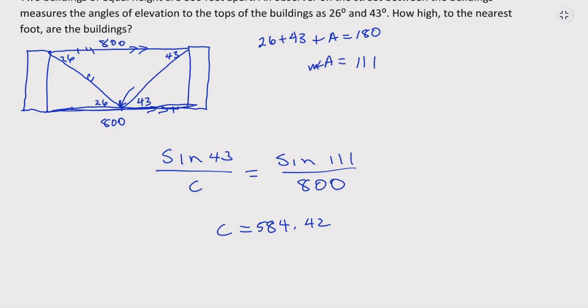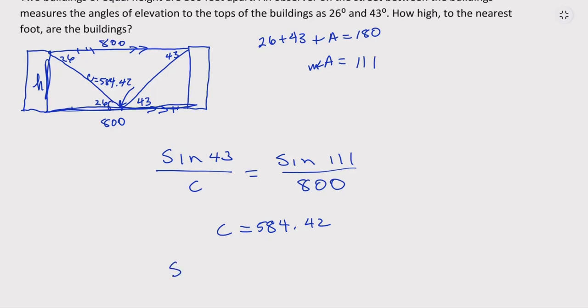So this is equal to 584.42. And now we need this piece here, the height of the building. So we're going to use the sine of this angle.